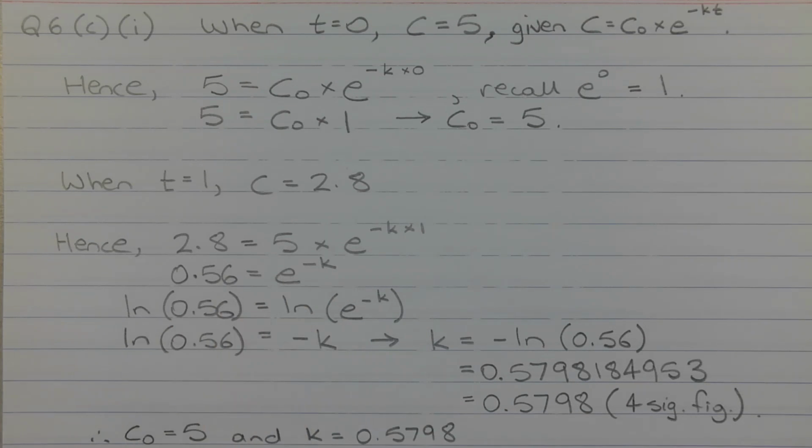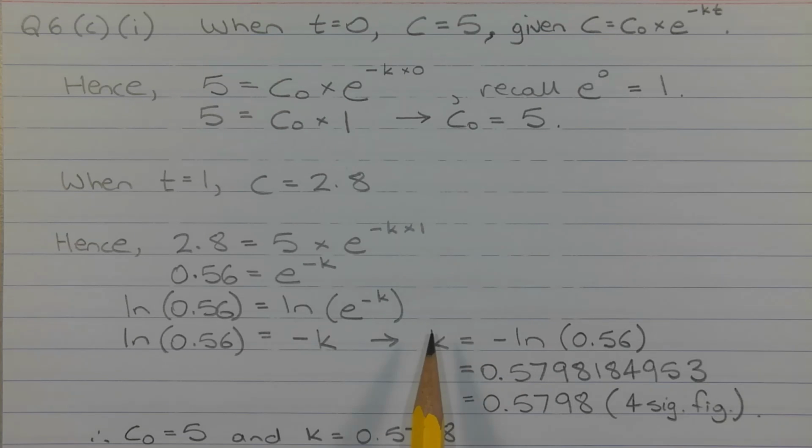Taking the natural logarithm of both sides, to undo the operation of raising e to the power of negative k, we get ln of 0.56 equals ln of e to the power of negative k. Now the ln and the e will cancel. We have ln of 0.56 equals negative k.